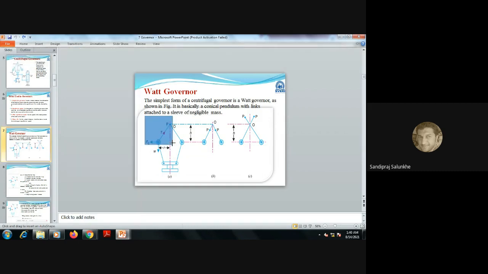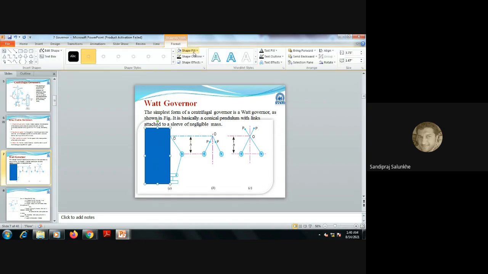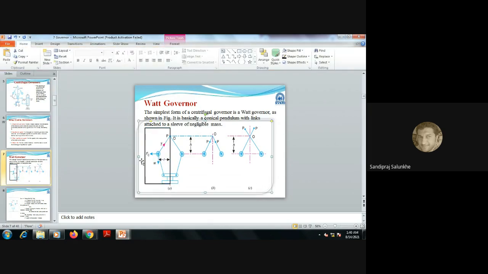We'll study only this half part, that is left side part. Later on, if you are going to make mirror, that will be to the right side. Okay, so force analysis can be done for the half side, and then afterwards it will be doubled.